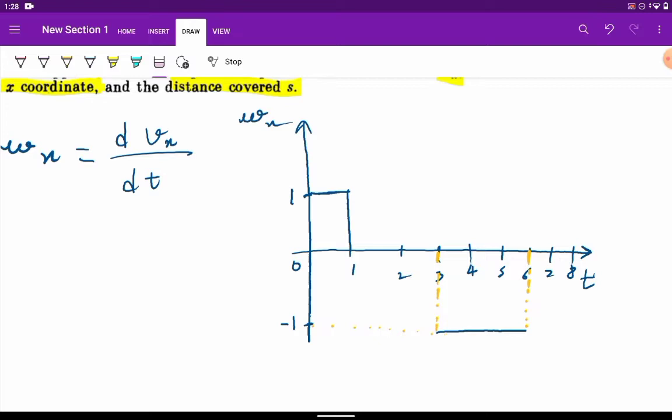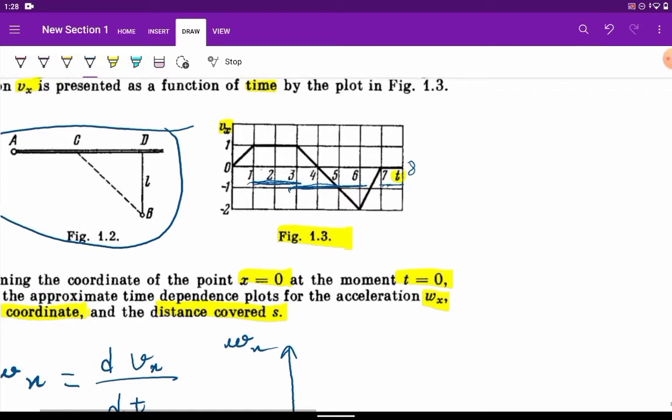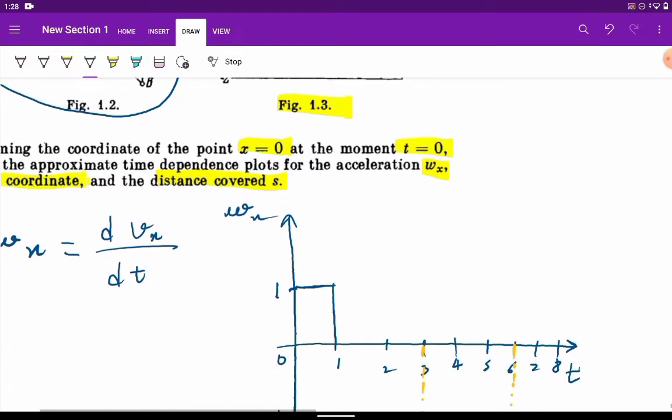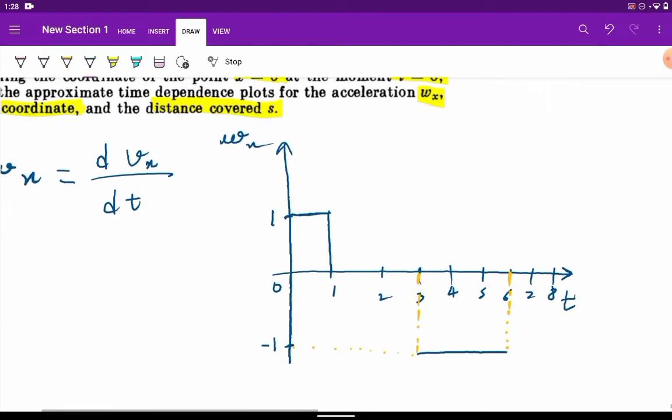Now from 6 to 7, you see it is a positive slope, and the slope is actually 2, roughly.